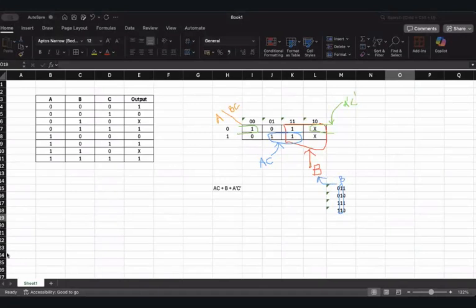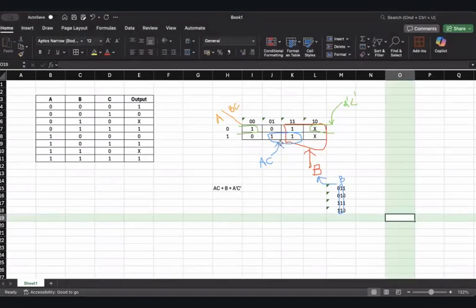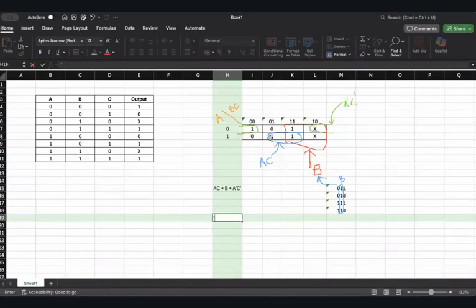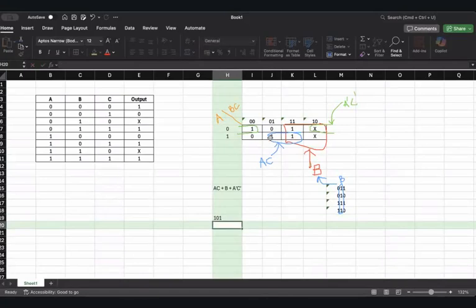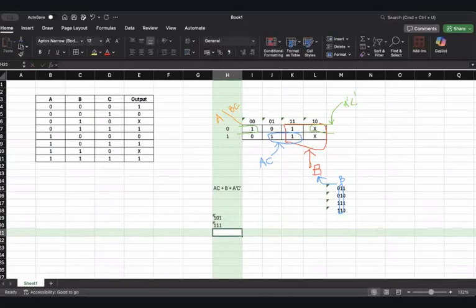Likewise, similarly, you can do for the other group also, maybe for the blue group here. So the blue group has only 2 components. The first component is this one. This person is 101. Next person, this person is 111. So just check what are the values that is not changing from here for the blue group.